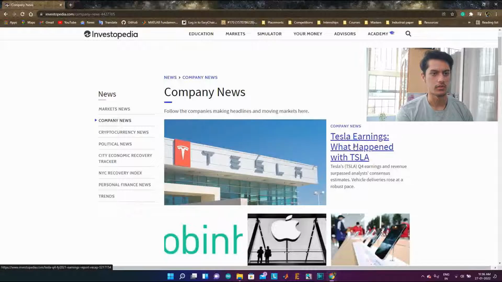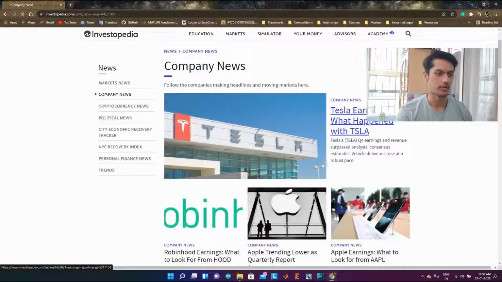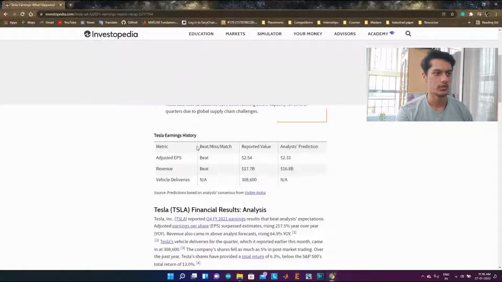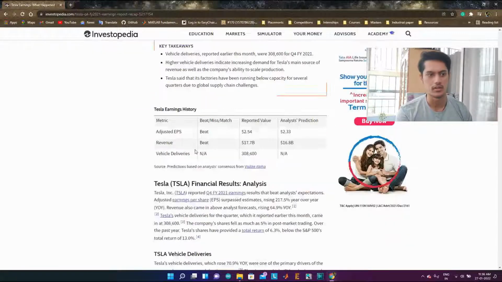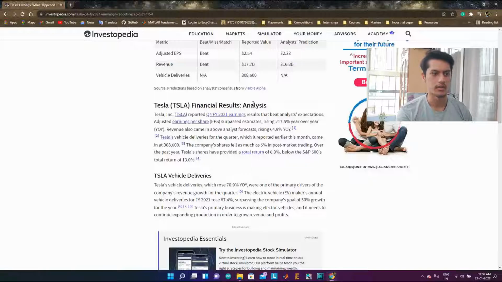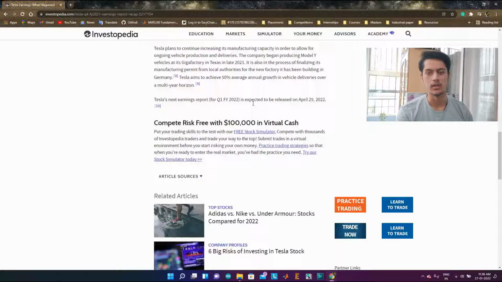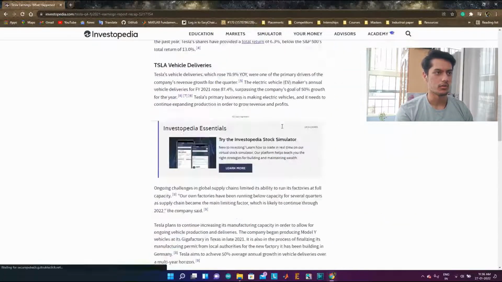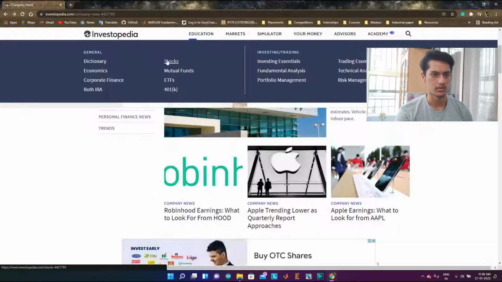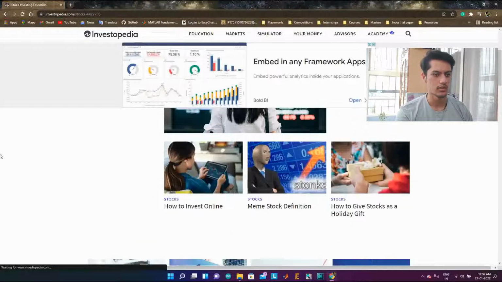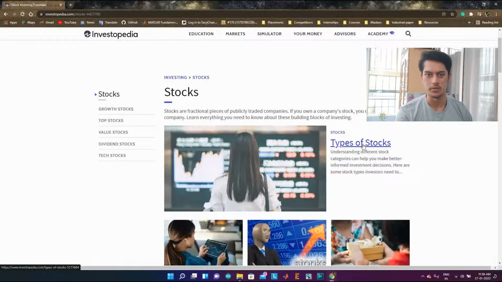So the first news right here is Tesla earnings, what happened with Tesla, and it'll show you the key takeaways of what basically happened in the earnings report, the financial analysis, vehicle deliveries, and a lot of them. So when you go to education and say you want to learn about stocks, you can click on stocks, and you can click on, say, the first one, which is types of stocks.